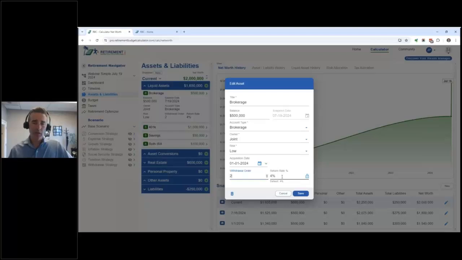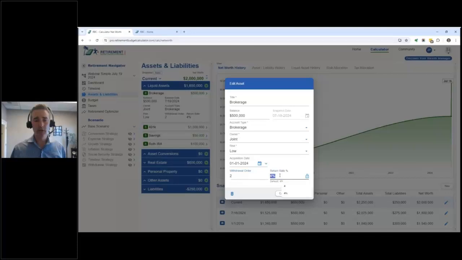Now, I want to caution you, when you're doing rates of return, I know you can look at the stock market. Most people will tell you over the last 100 years, the stock market has averaged 10% per year. I really think it's a mistake to aim too high on your assumed rates of return. And I like to tell people, hope for the best, plan for the worst.